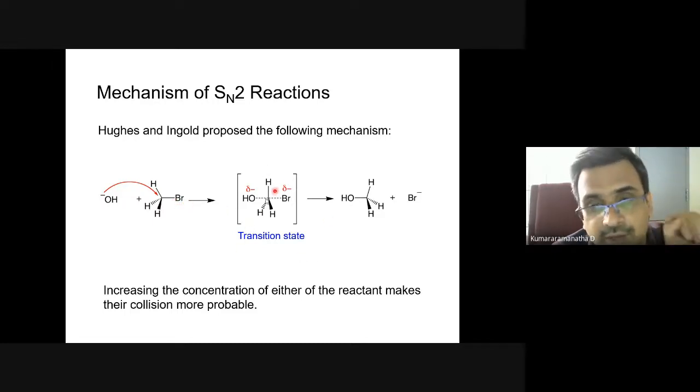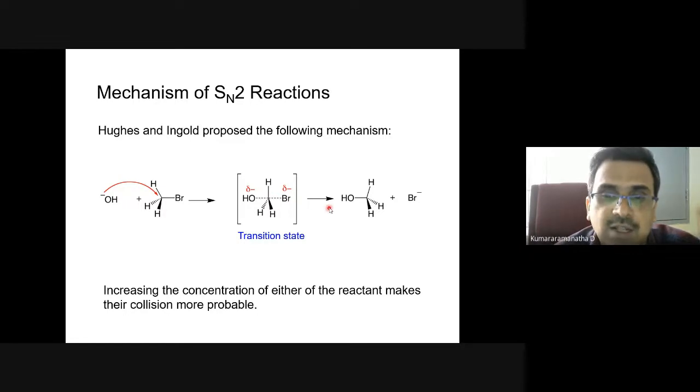Please observe very carefully. We have carbon forming 5 bonds. It is a transition state; this can leave, this can be there. So it is a very intermediate transition state, which upon bromo departure gives you the corresponding alcohol.